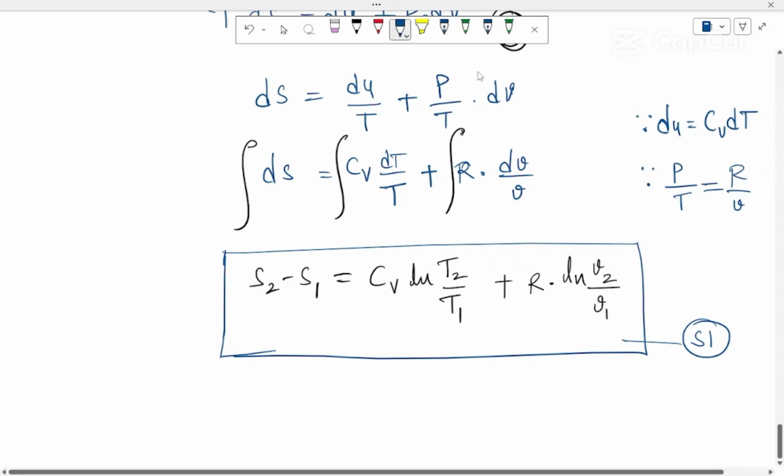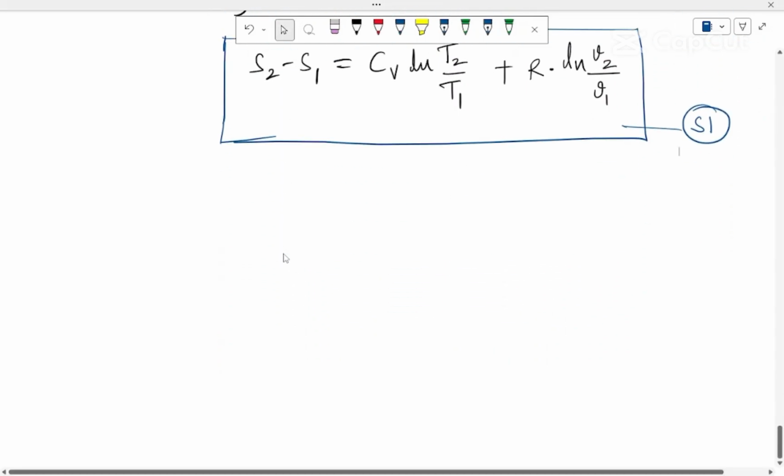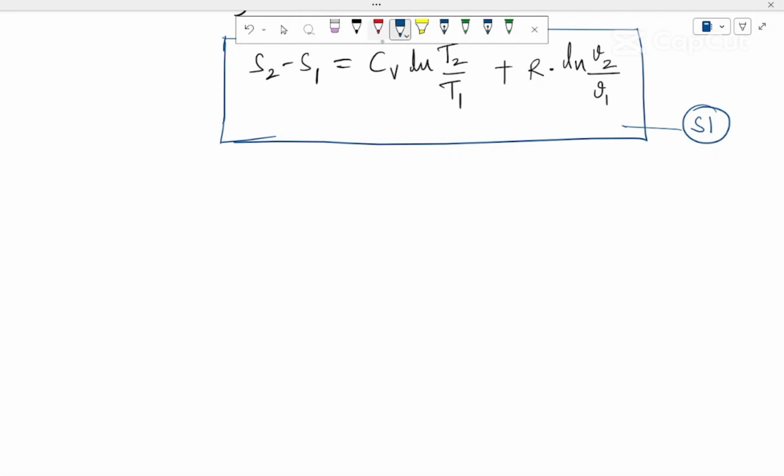To look at the other two forms, let us take one more example, the case of enthalpy. By definition, enthalpy H is equal to U plus PV. This is a very well known definition. Now I will apply differentiation on both sides.